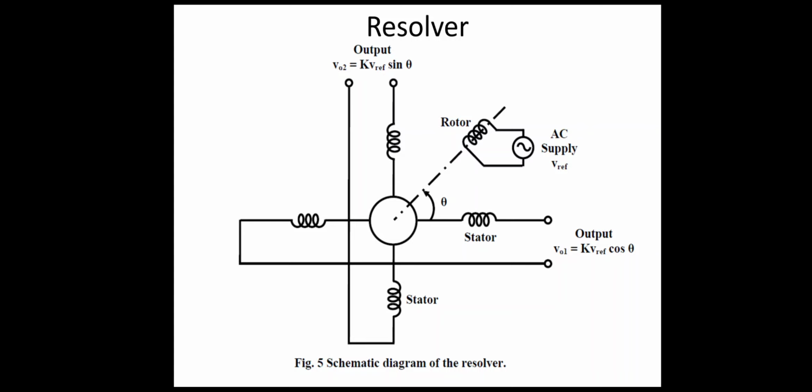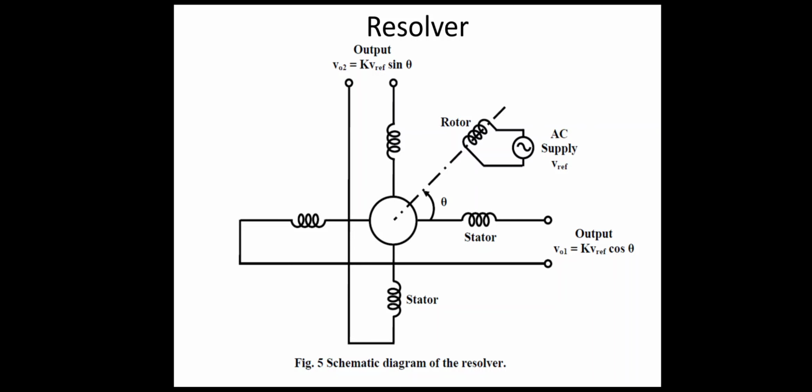A resolver consists of a rotor containing a primary coil and two stator windings with an equal number of turns, placed perpendicular to each other. The rotor is directly attached to the object whose rotation is being measured. If an AC excitation of RMS voltage VR is applied, then the induced EMF, that is two voltages at the two stator sides, is generated: V1 equals K into VR cos theta, and V2 equals K into VR sin theta.